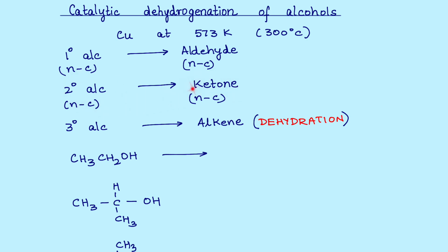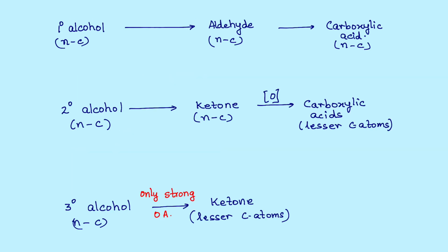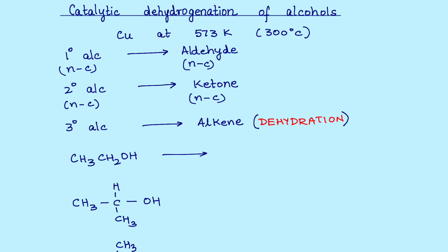They get converted into ketones containing the same number of carbon atoms. This is also similar to what we've done, right? 2-degree alcohols on chemical oxidation, they are giving us ketones containing the same number of carbon atoms. So I'm confident that you will be able to complete equations based on this.